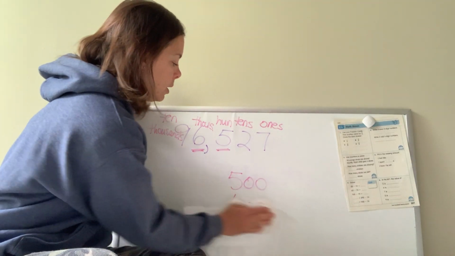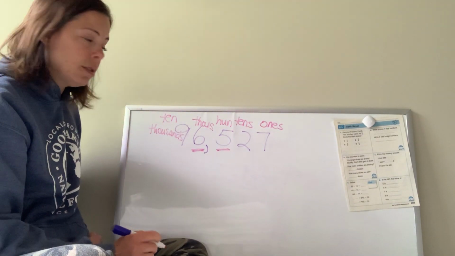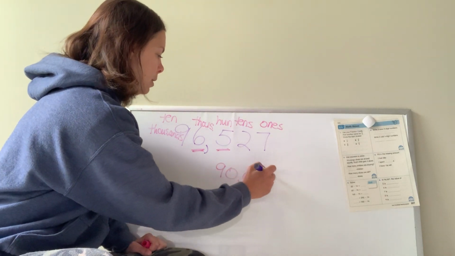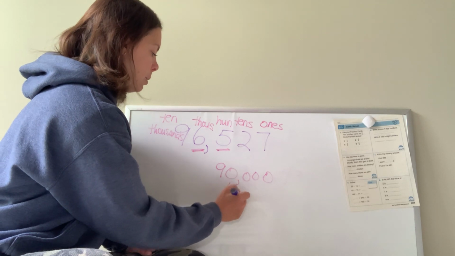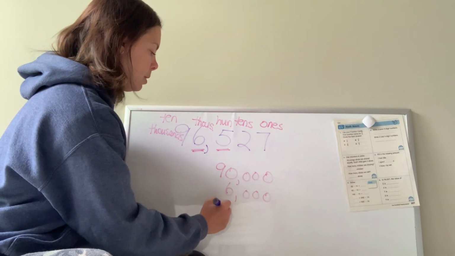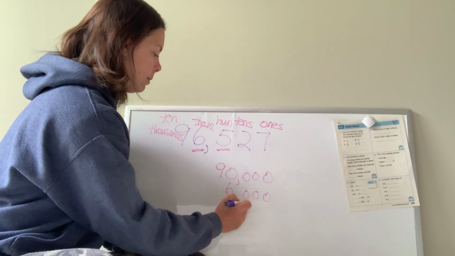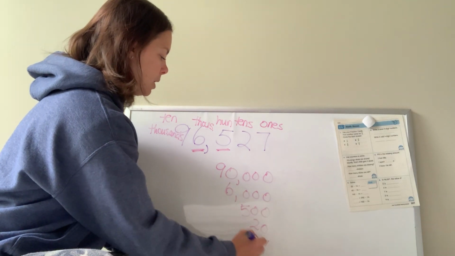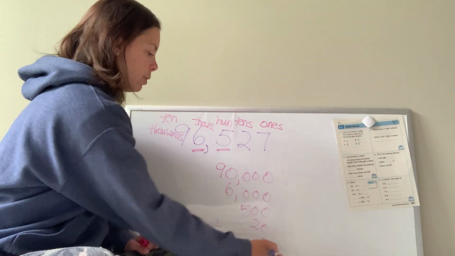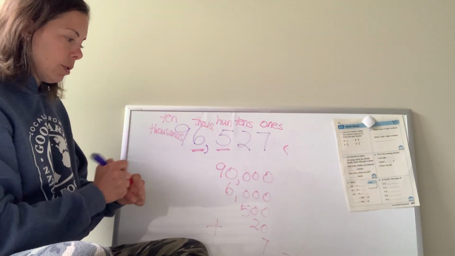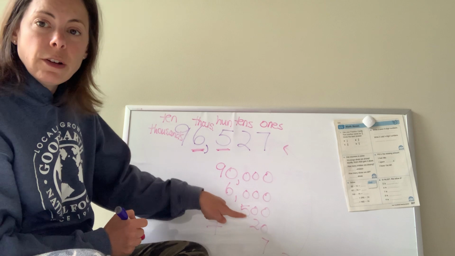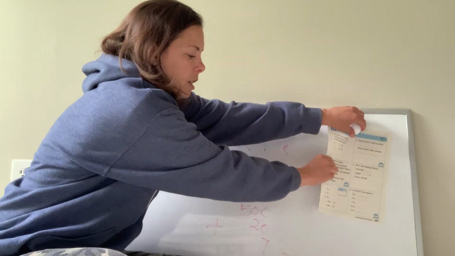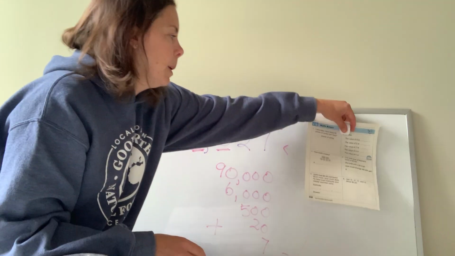Because we know that this number, 96,527, is really 90,000 plus 6,000, plus 500 plus 20 plus 7. All together, we'll get this number. And you can see they each move down in their place value. Okay? All right, let's see if we turn it over.